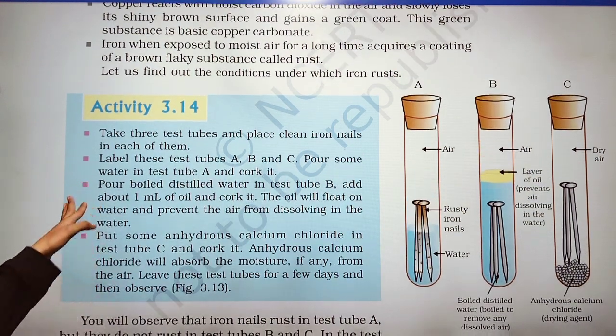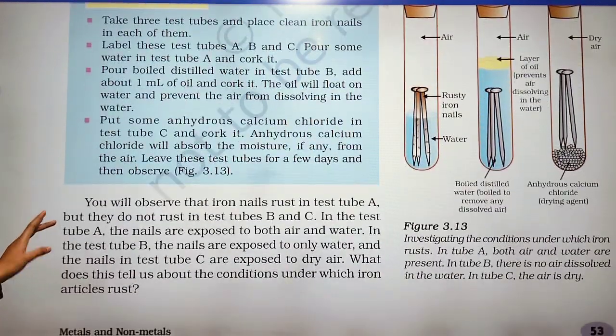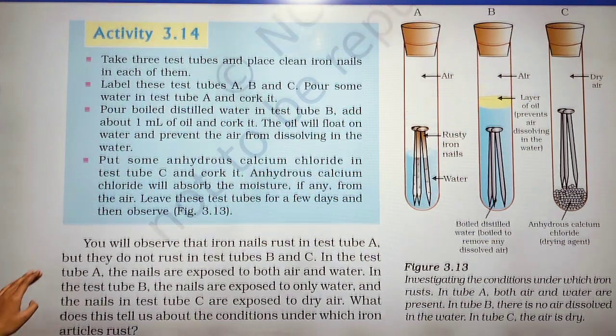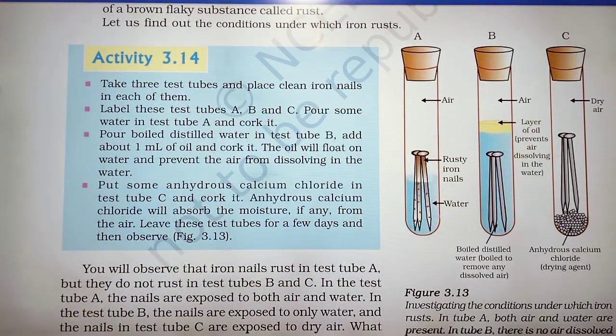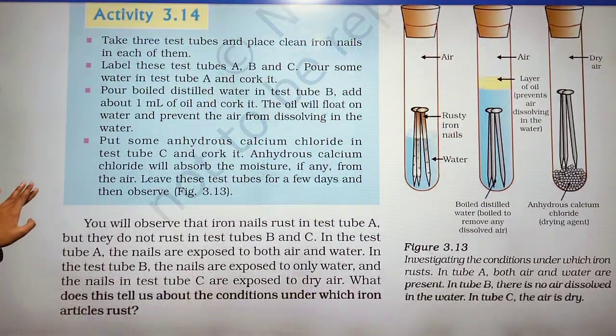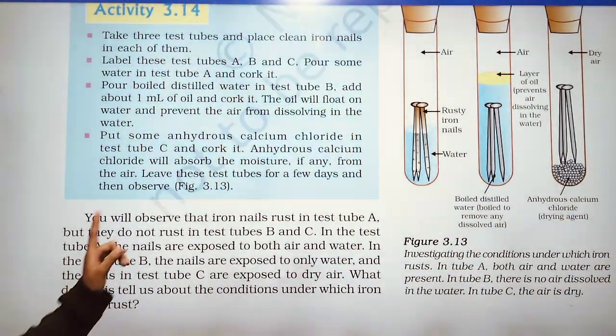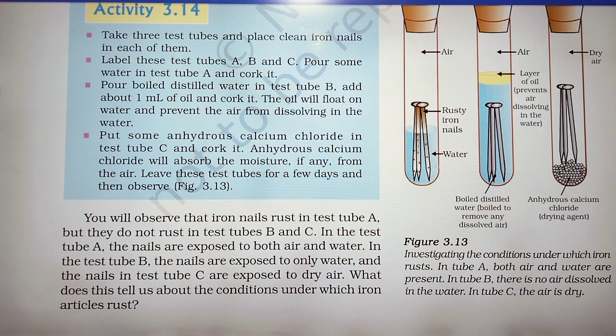So here different things are poured in the different test tubes, A, B, and C. We will observe that iron nails rust in test tube A because they come in contact with air and also water, you can say moist air. They rust in test tube A, but they do not rust in test tubes B and C.